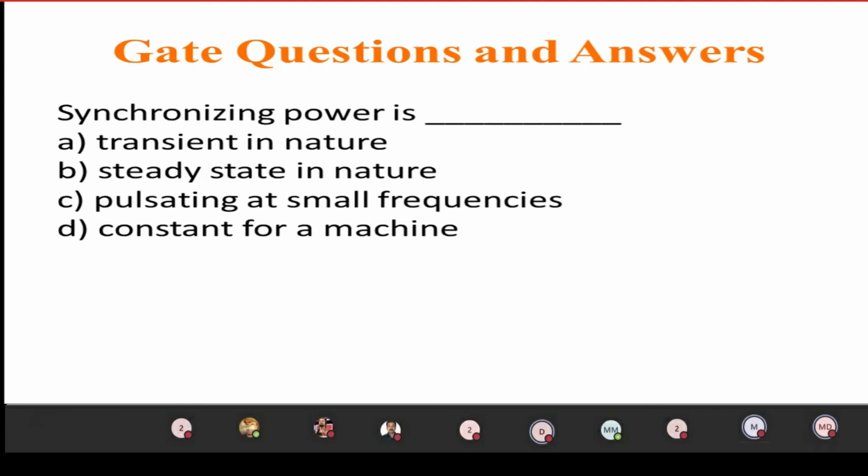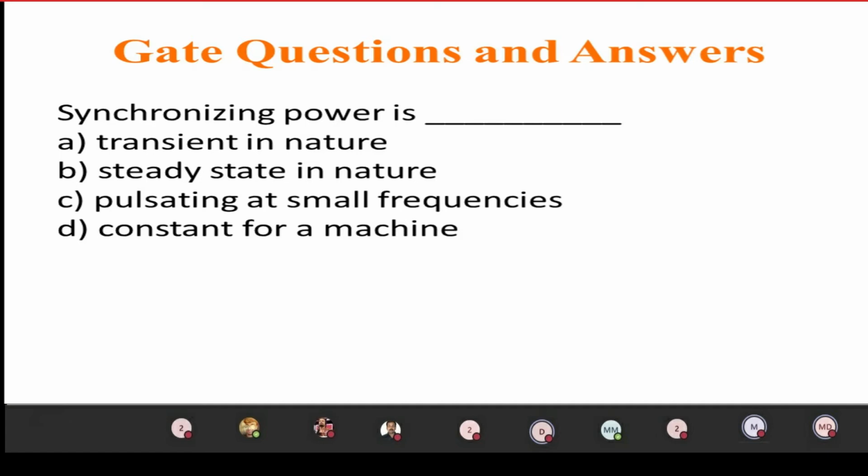Move to the next question. Synchronizing power is, we have four answers: transient in nature, steady state in nature, pulsating at small frequencies, constant for a machine.